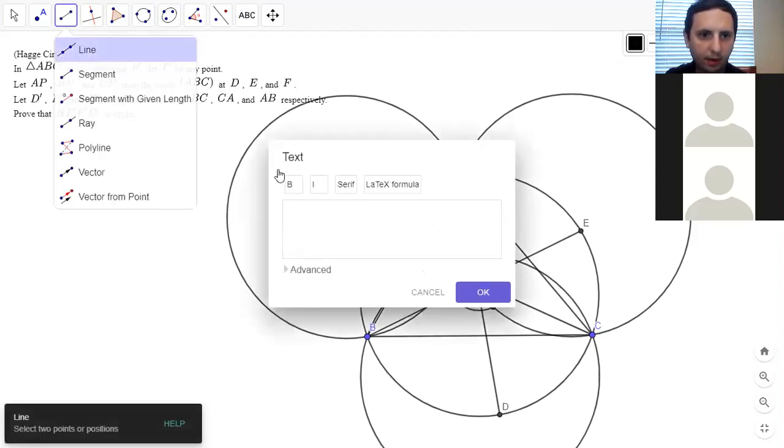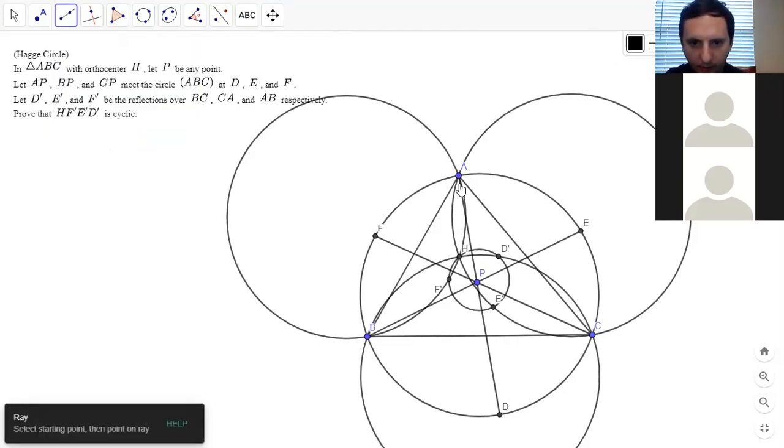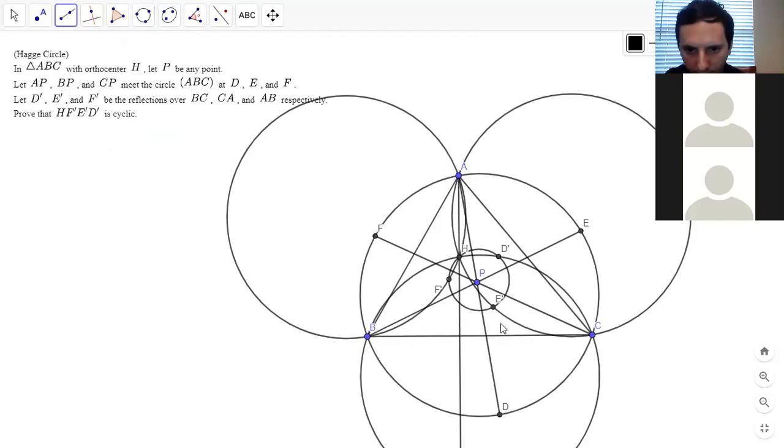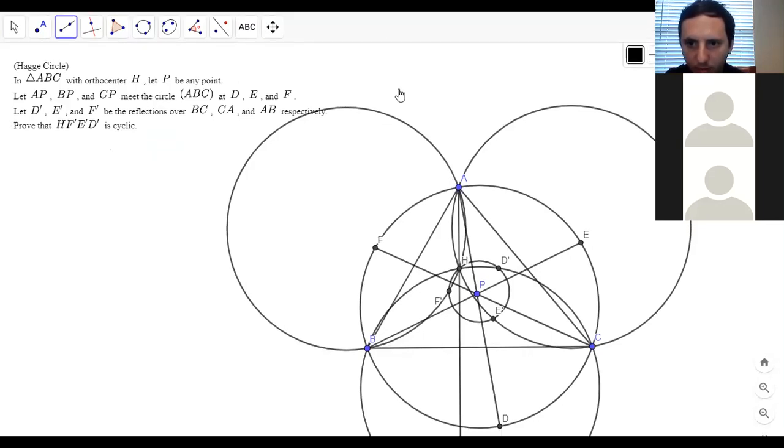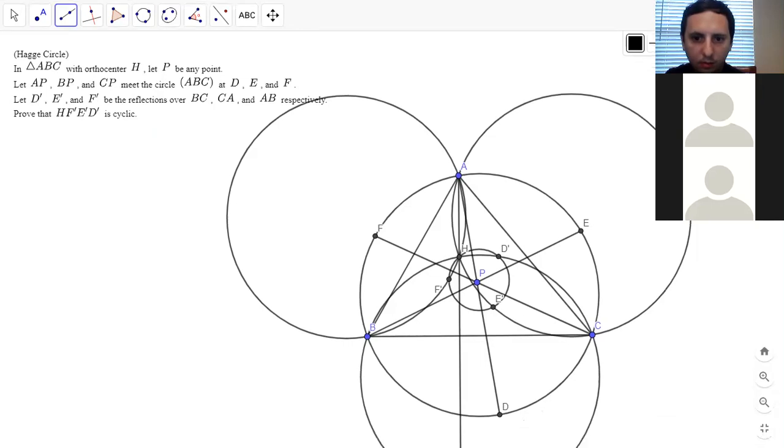So the second part of it says that, so I think AH, and sorry, something D. Is that obvious that D prime E prime F prime equals DEF? Maybe I'm missing something. No, I don't think that's true. Yeah, that's not true.